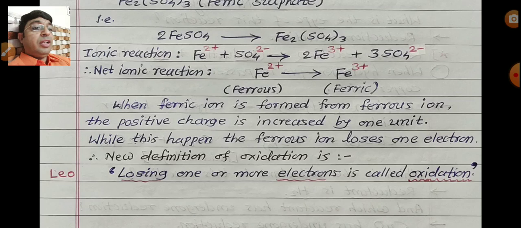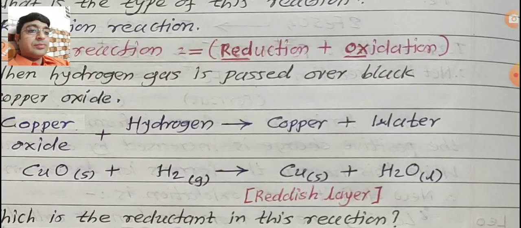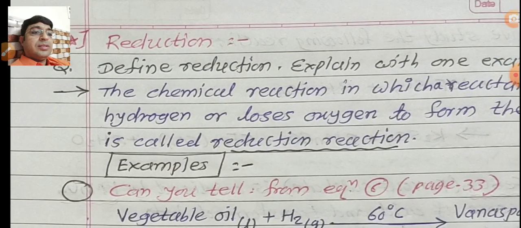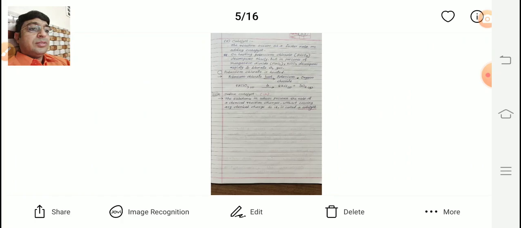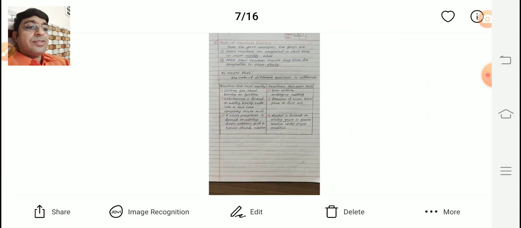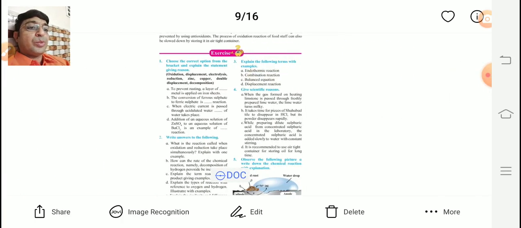This is the new definition of oxidation related to electrons. So in short, how do you remember? LEO. L means losing, E means electron. So what happened? Oxidation. So in short, you remember LEO. These are the reactions related to the oxidation process.